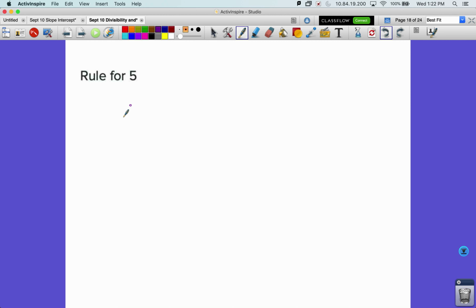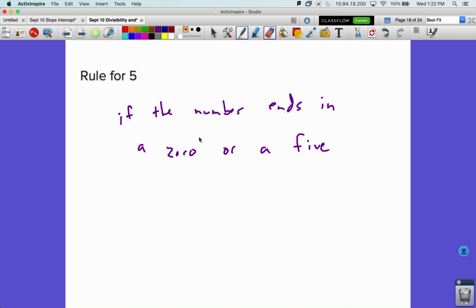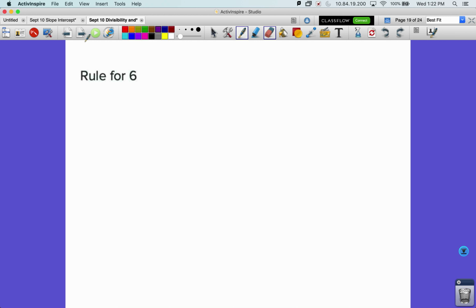Rule for 5. If the number ends in a 0 or a 5, then we know that the whole number is divisible by 5. Rule for 6.